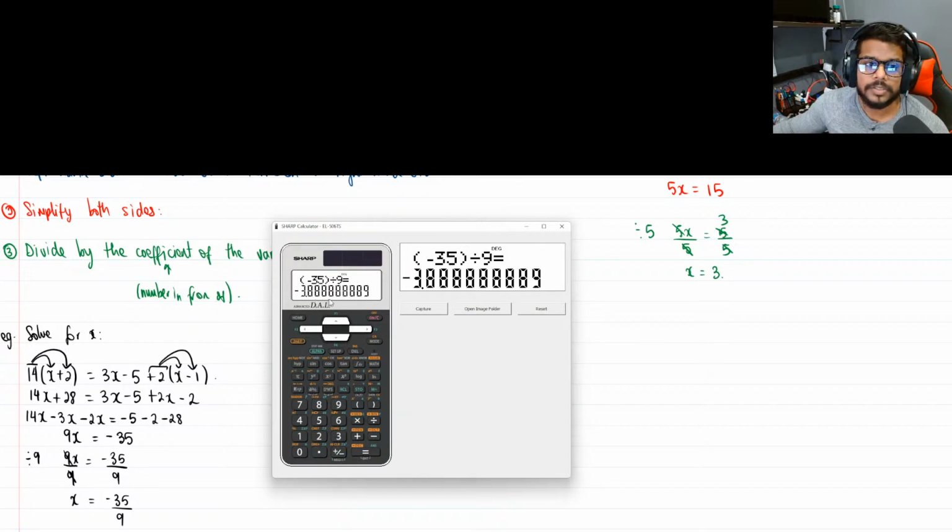Now this number actually goes further on in the calculator, but the calculator cannot express so many digits. So the calculator will give a little approximation in the end. So minus 35 over 9 is this as a decimal, which is not exact. If x was a half, by all means you could put x to be 0.5.